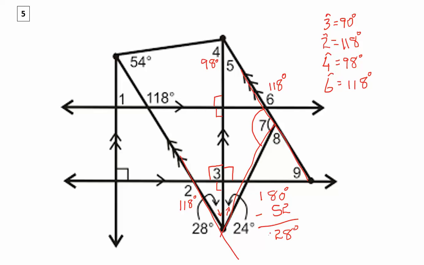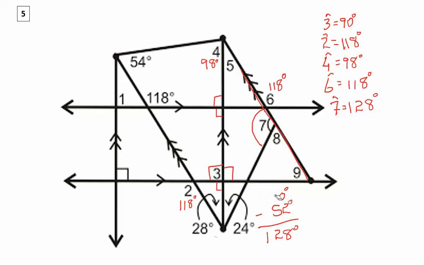Sorry, this doesn't look right. That doesn't look like a 24. That's 52 degrees. Yes. 28 and 28. That's 52. Those lines are parallel. Sorry, 128. So angle 7 is equal to 128 degrees.